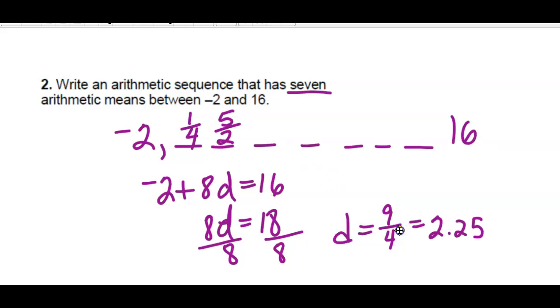If you want to do decimals, we can do decimals. I can probably add them better. Otherwise, I think this would be 19/4. Add another 9/4 would be 28/4, which would be 7. Add 9/4 would be 36/4.